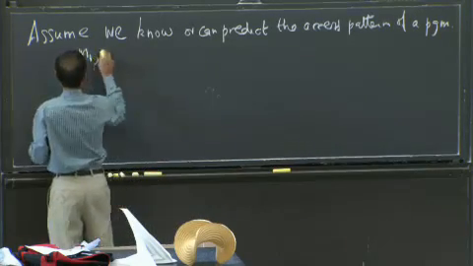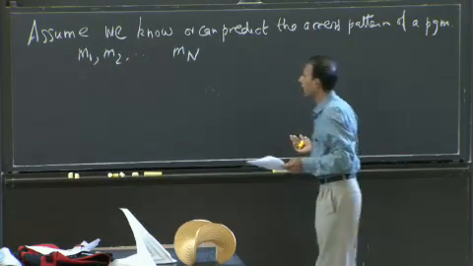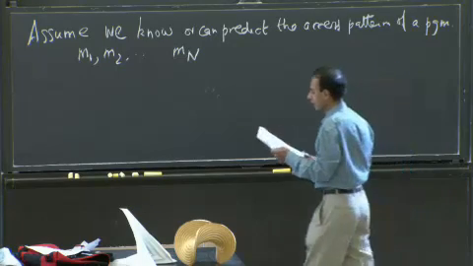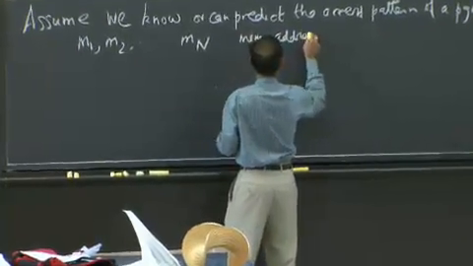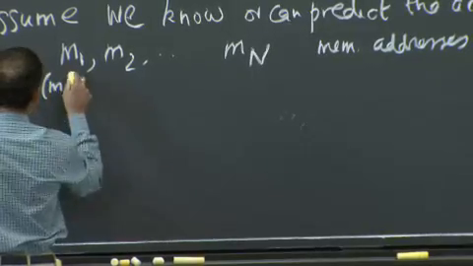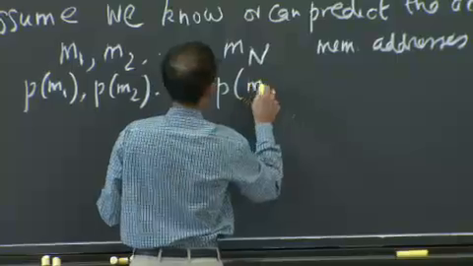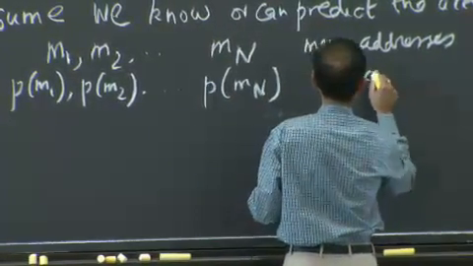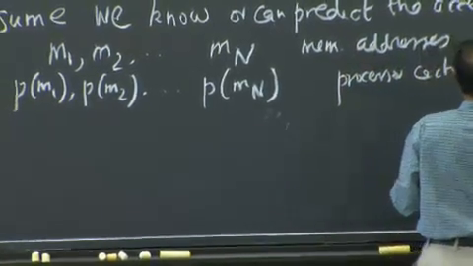So you have some amount of look ahead, and you know that M1 through Mn are the memory accesses that this program is going to make. And these are the memory addresses. And I'm going to think about P of M1, P of M2, P of Mn as the processor caches for each Mi.